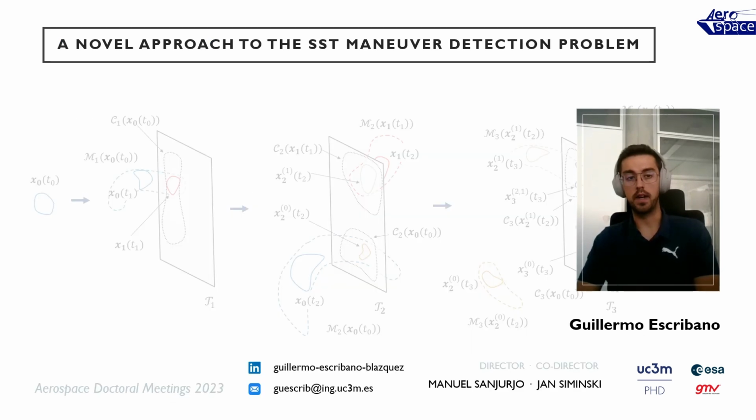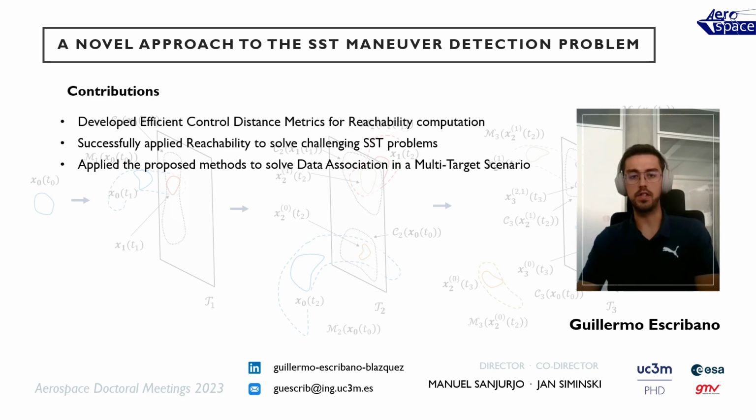So in a nutshell, within this thesis, we have developed some control distance metrics that can be readily applied to two-body problem reachability. We have then applied this approach to maintain custody of a target in challenging surveillance scenarios. In this case, a low thrust orbit raising maneuver.